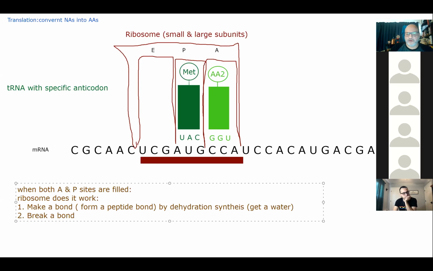And of course, we are going to break that bond between the amino acid in the P site and the transfer RNA. And we're going to do that by hydrolysis.